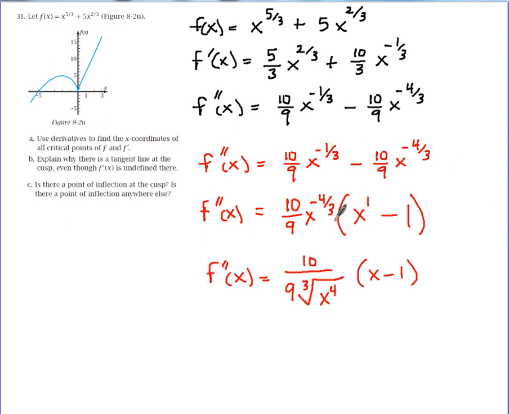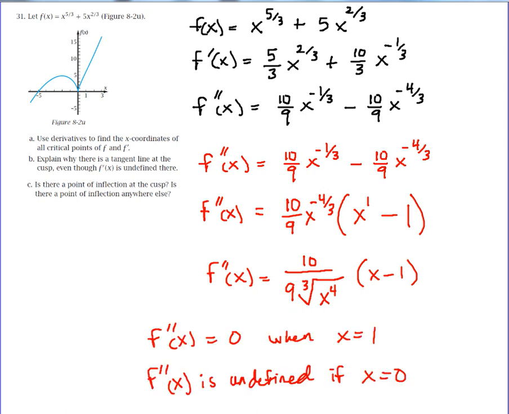So rewriting x to the negative 4/3 as a positive exponent in the denominator, you wind up with the cube root of x to the 4th, which is 0 when x is 0. So f double prime of x is undefined when x is 0, and f double prime of x is 0 when x is 1. So we have those two pieces of information.